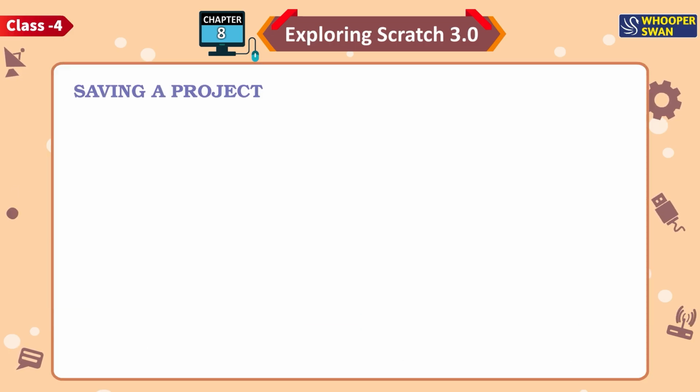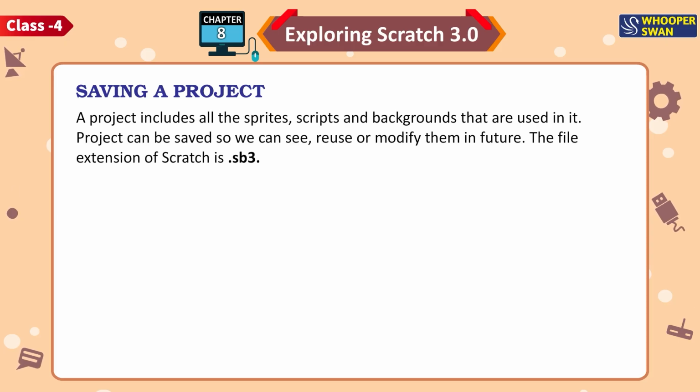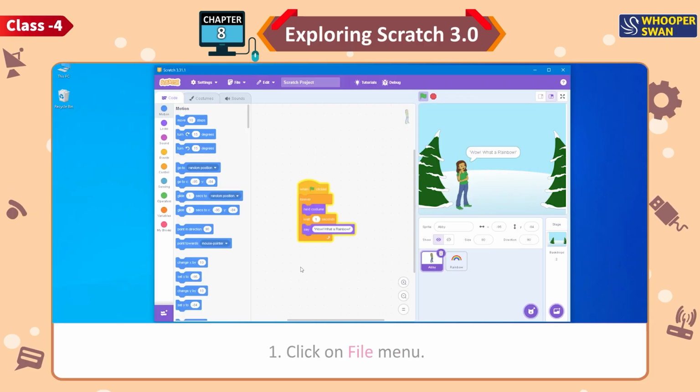Saving a project. A project includes all the sprites, scripts and backgrounds that are used in it. Project can be saved so we can see, reuse or modify them in future. The file extension of Scratch is .sb3. Step 1. Click on File menu.